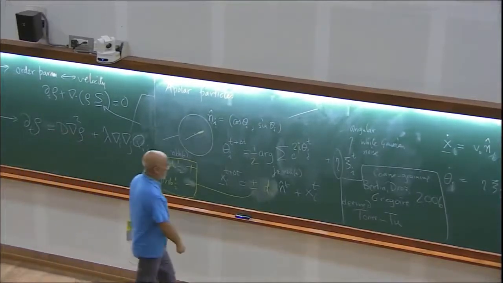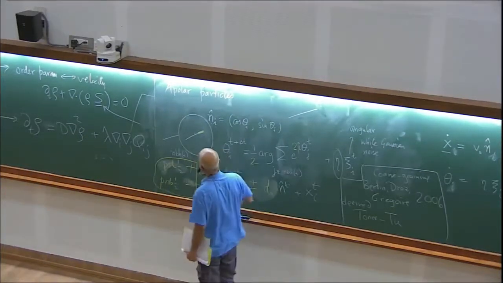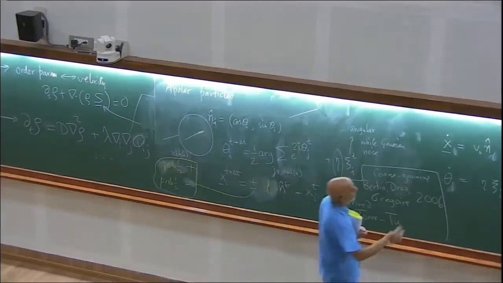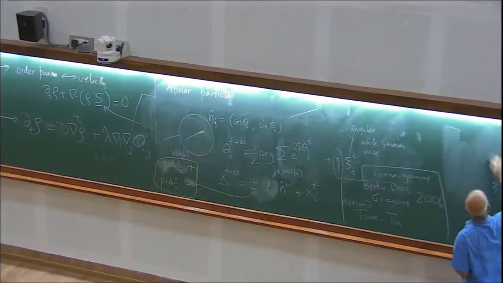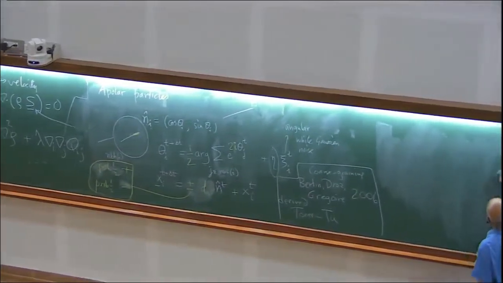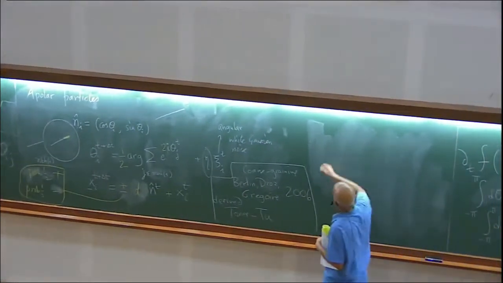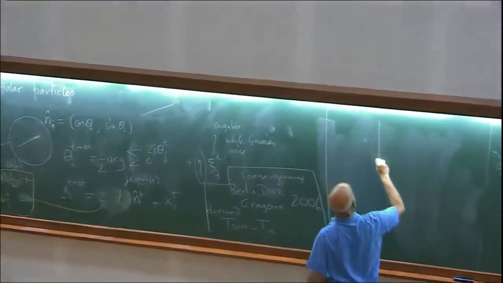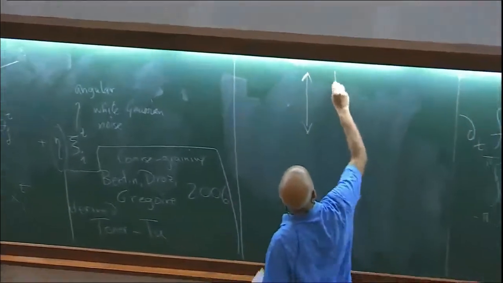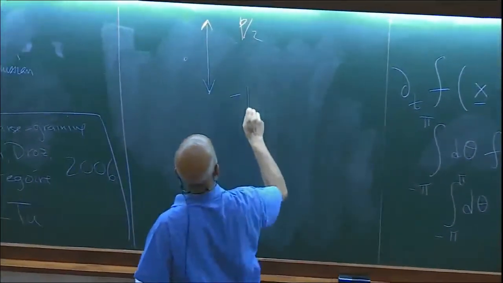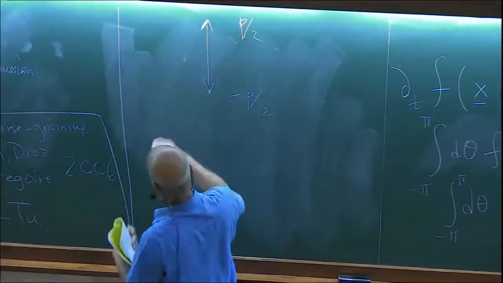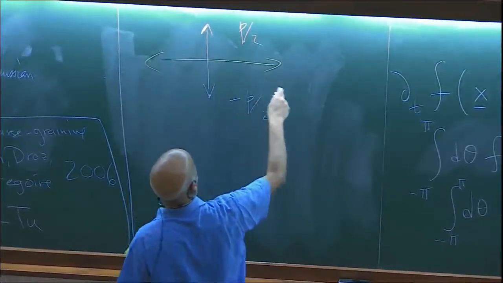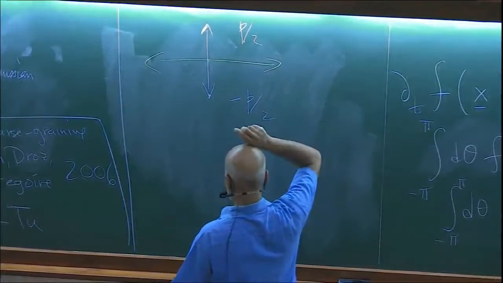You could weaken this. Let me give myself more space here. You've got this particle, I can make it move like that or like that with probability p over 2 each, and I can make it move like that or like that with probability 1 minus p over 2 each.